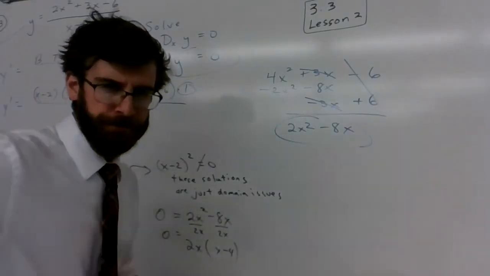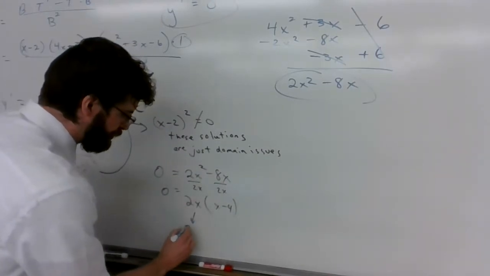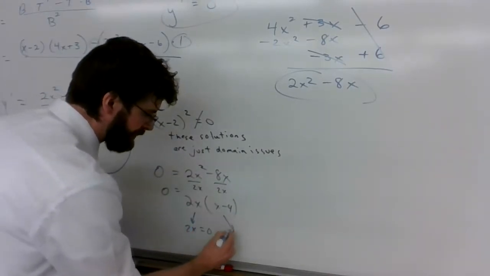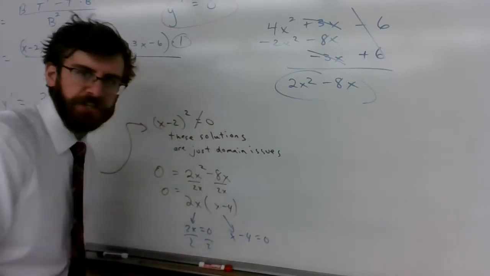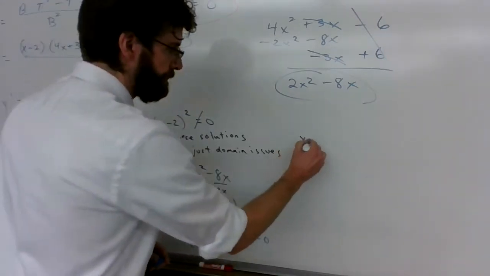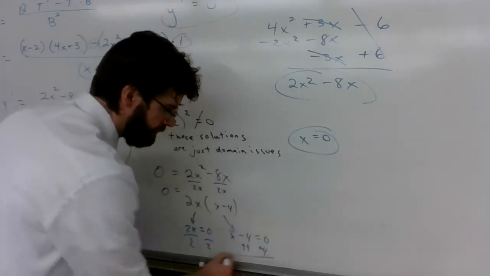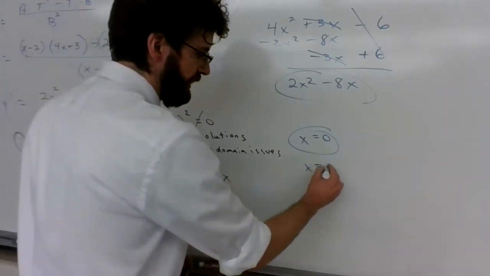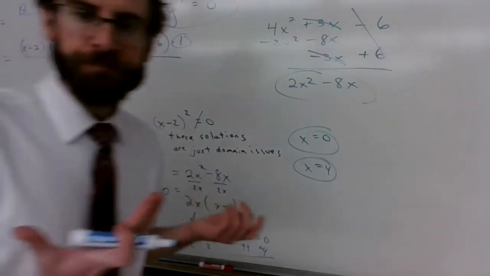Is that better? Maybe. All right, so 2x equals 0, x minus 4 equals 0. You can divide by 2. You get x equals 0 as your final answer. And you can add 4 to both sides, which gives you x equals 4 as a final answer. That's it.